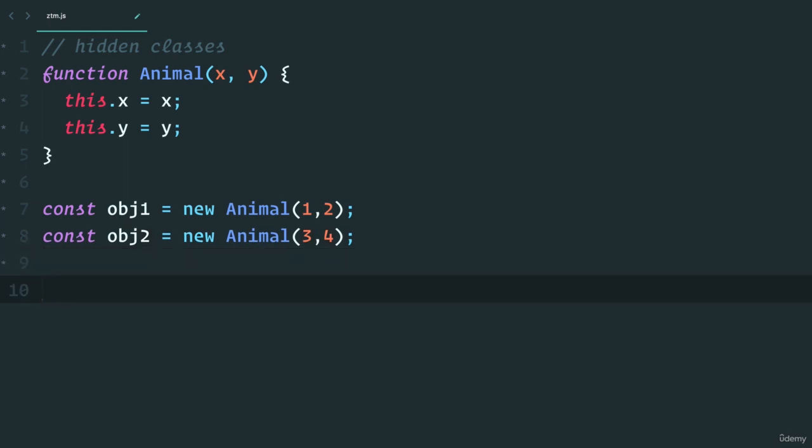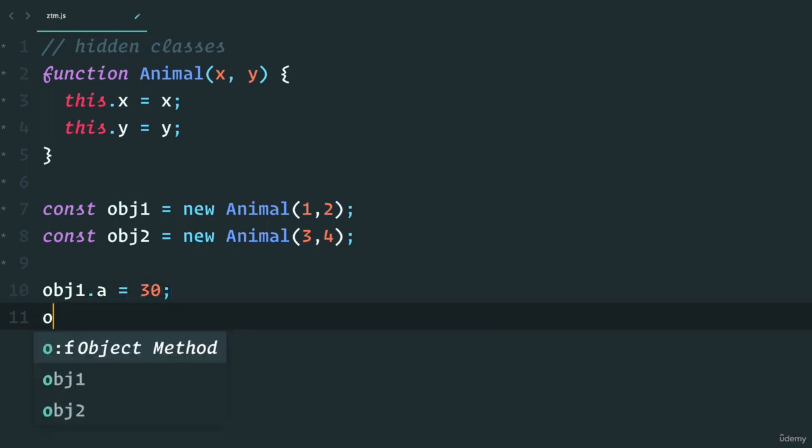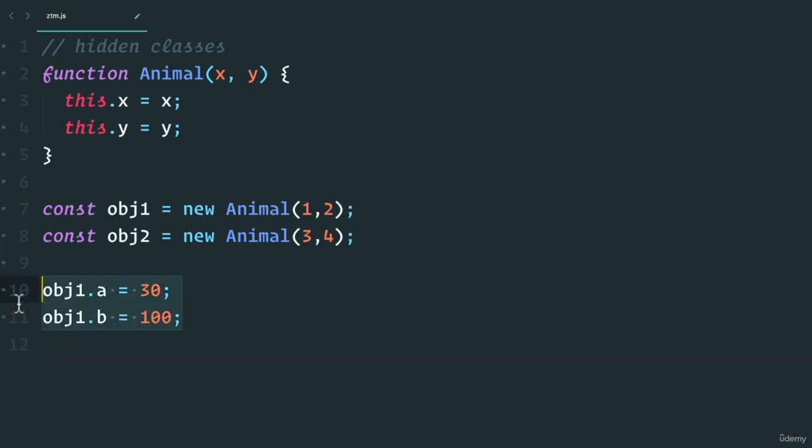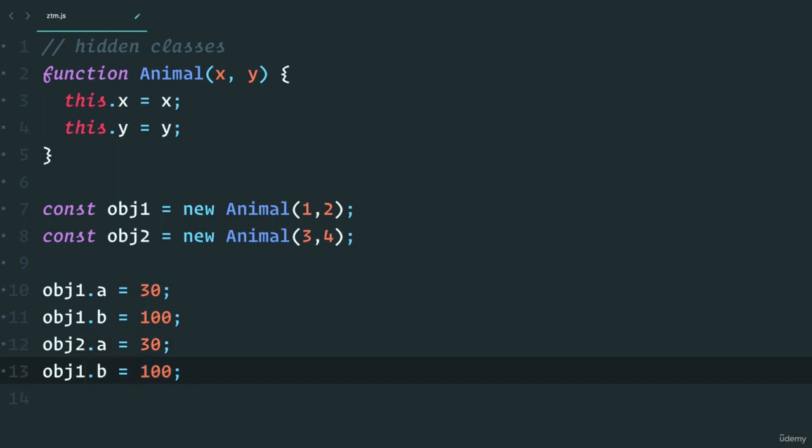But if I go ahead and add object1.a to equal, let's say, 30, and then object1.b to equal 100, and I'll do the same thing for object 2, except that this time around for object 2, I'm going to create it in a different order.